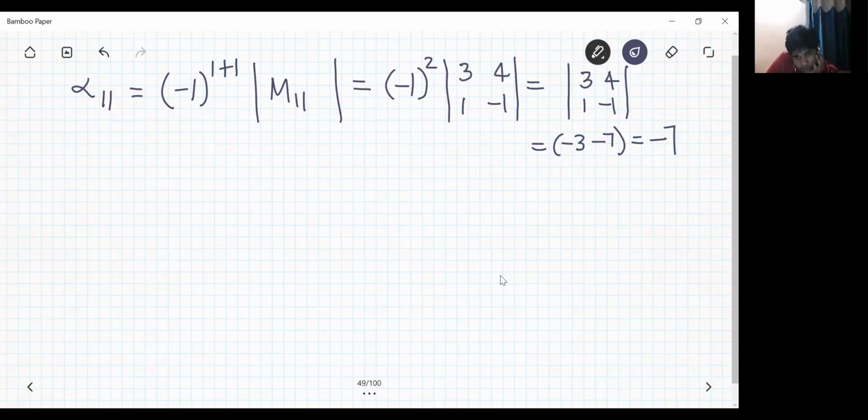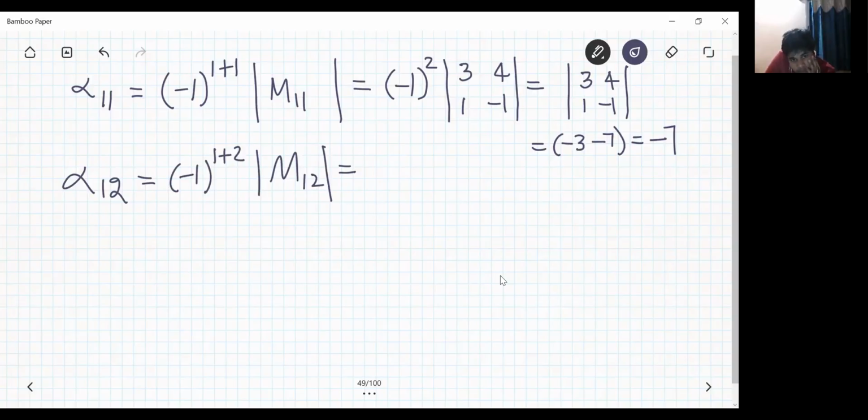But sir, when you go to alpha 1 2, it is minus 1 power 1 plus 2, negative sign. M12. Now 1 plus 2 becomes 3, so minus 1 cube means we get a minus sign here. Then you have to write M12.